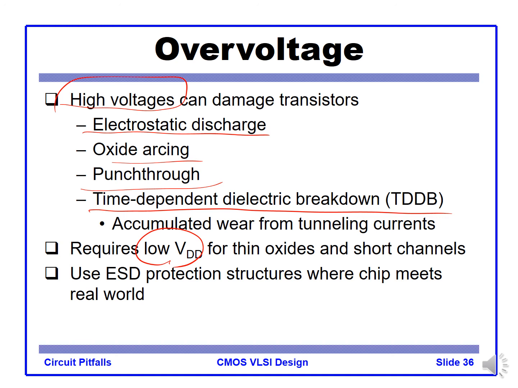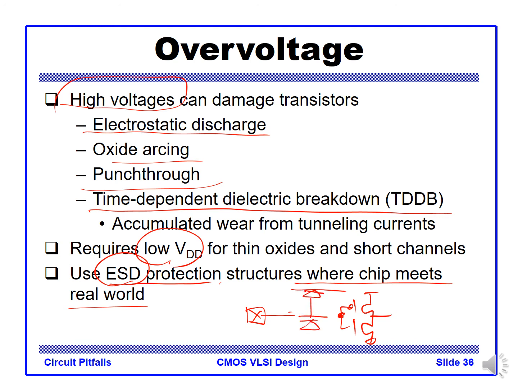And also we can use an ESD, electrostatic discharge diode protection structure, when the chip meets the real world, right? Whenever there's a pad there, at the inverter, the maximum voltage on the gate must be limited to VDD and ground. So we may have a reverse-bias diode like this kind of structure. We call it ESD.